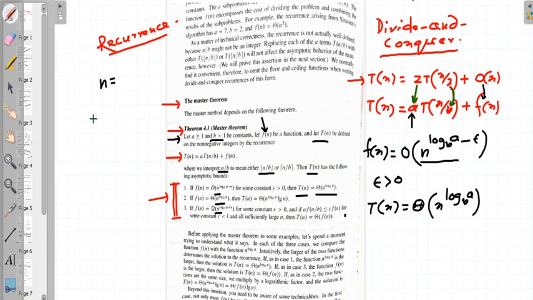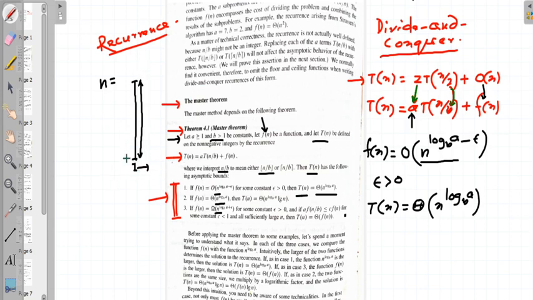In the recursion tree, the height was log n base b, and we separated out the cost of the leaf level and calculated it separately from the other levels.